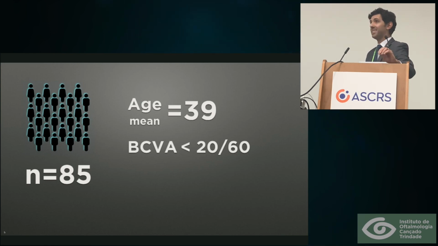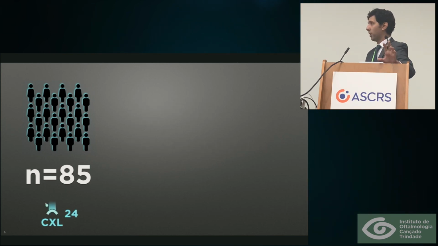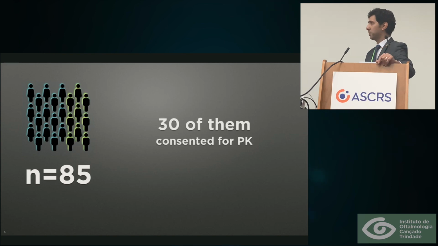We're talking about documented topographic stability in all those cases, and a visual acuity of not more than 20/60. 24 of these 85 eyes had already done a corneal cross-linking to halt the progression. And 30 of those eyes were consented for a PK.